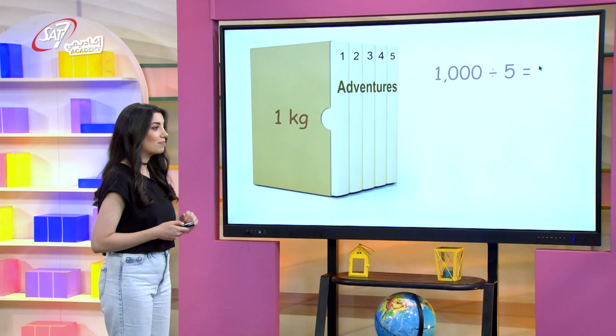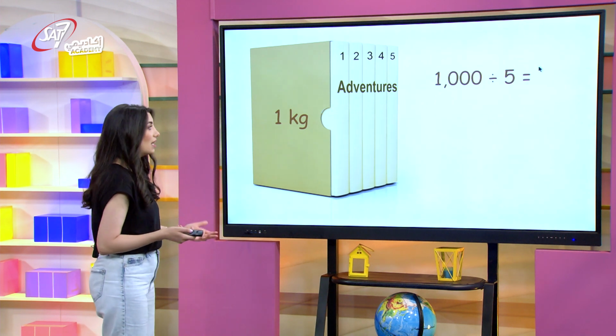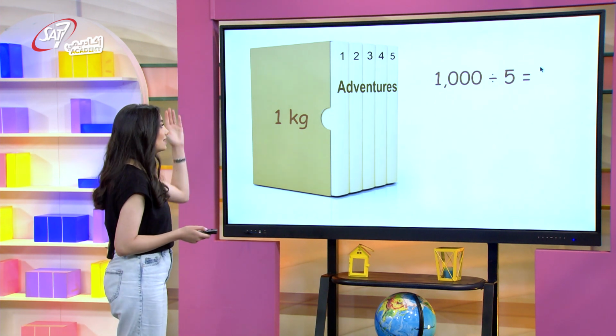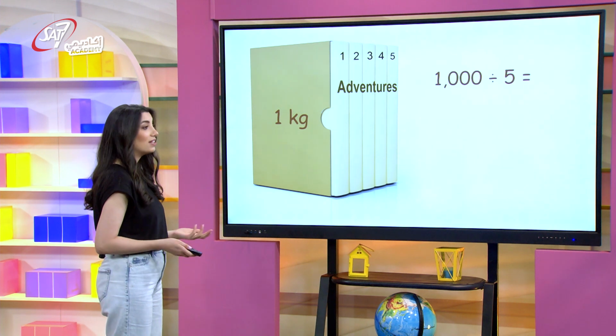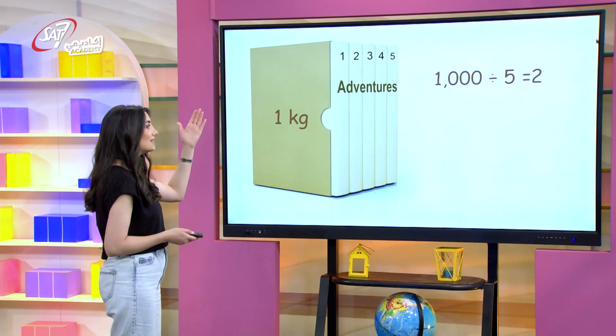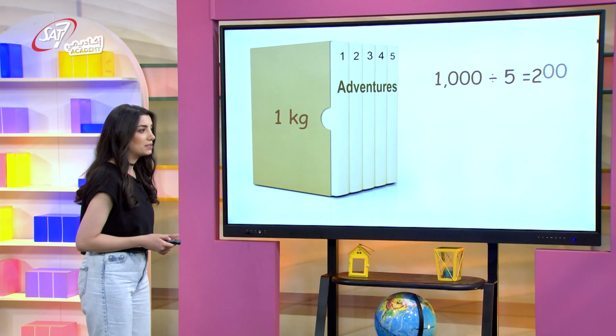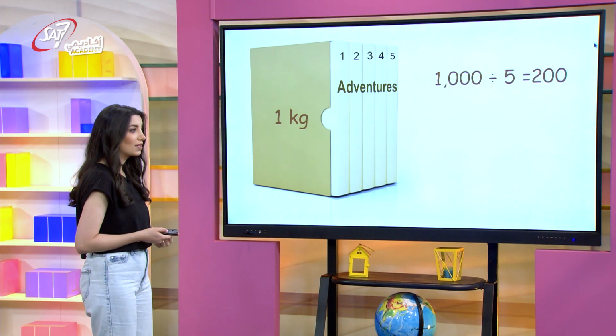So instead of dividing 1 kilogram by 5, we can divide 1,000 grams by 5. It's the same. Ignore 2 zeros and divide 10 by 5. The answer is 2. And then let's add the 2 zeros that we skipped. It's 200. The whole box weighs 1 kilogram, and each book inside weighs 200 grams.